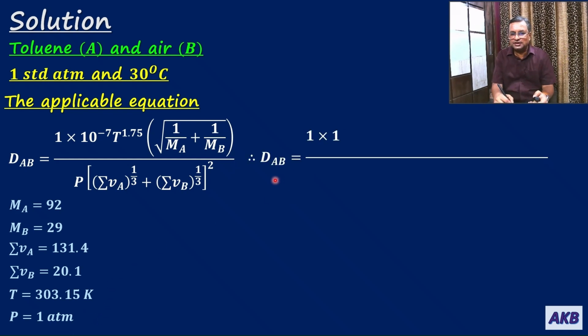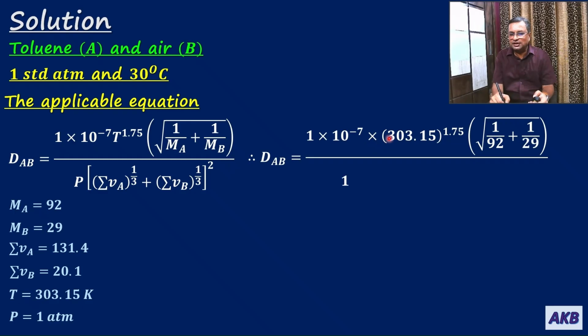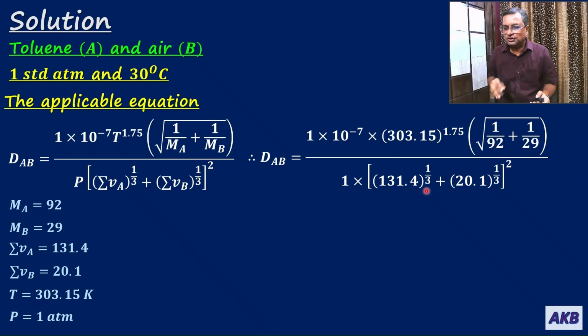1 atmosphere. So therefore DAB will be equal to 1 into 10 to the power minus 7 into 303.15 raised to 1.75 into under root of 1 upon 92 plus 1 divided by 29, divided by 1 into 131.4 raised to 1 by 3 plus 20.1 raised to 1 by 3, and square of this sum.